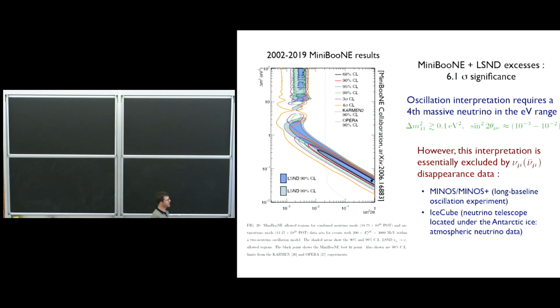However, it turns out that we also have other disappearance experiments, this time in the nu_mu sector, coming either from long baseline oscillation experiments, this is the MINOS experiment, or from neutrino telescopes which observe atmospheric neutrinos, namely the IceCube experiment.